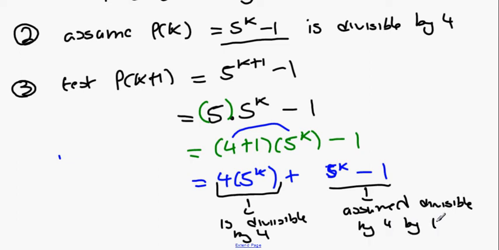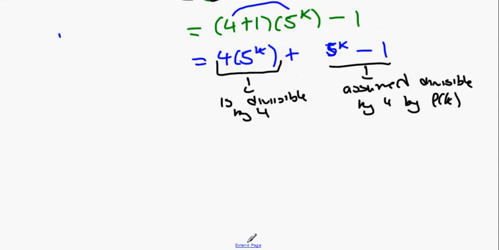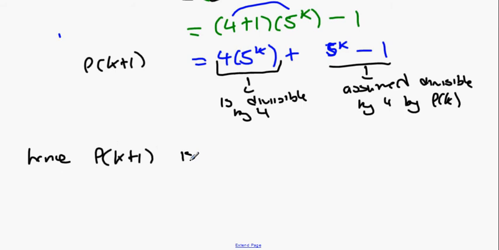Now guys, what this means here is that if P of k plus 1 is made up of a part that's divisible by 4 and another part that's divisible by 4, it means that P of k plus 1 is true if P of k is true.